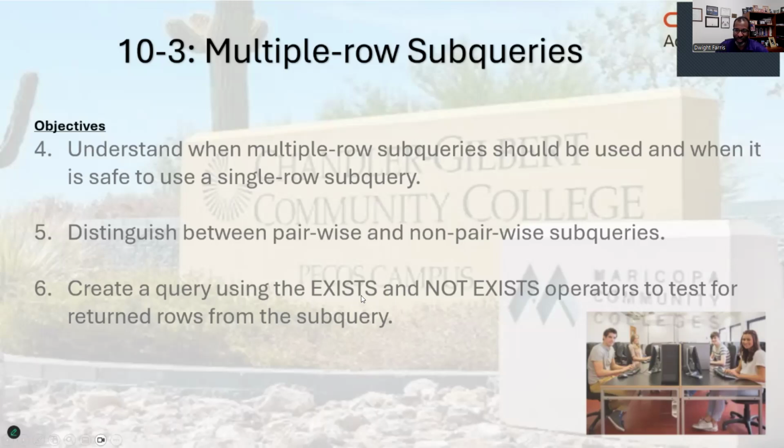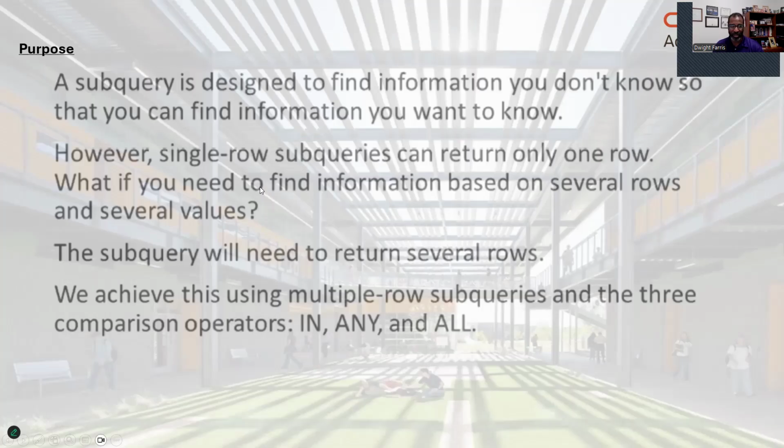To be frank, EXISTS and NOT EXISTS are useful, but the best way to ensure you can predict or know what your value is from that subquery is just to run it. It's easy to do in our developer. You just have to highlight it. You can write the whole query and just highlight the subquery and run it, and that'll tell you one way or another. To me, it's simpler. We'll talk about EXISTS and NOT EXISTS here in a second.